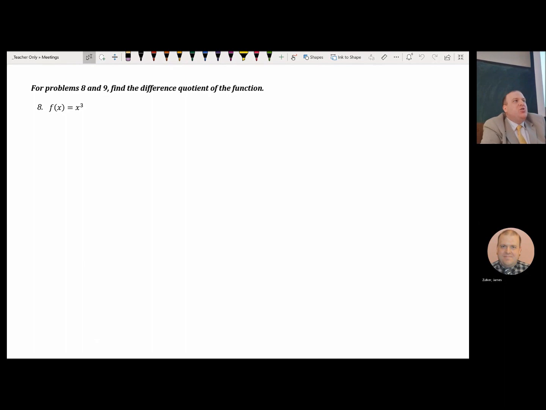Just so the algebra doesn't look daunting, I typically do this in a 3-step process. And if there's calculus, there would just be a 4th step added on. First thing is just find f of x plus h. x plus h cubed.